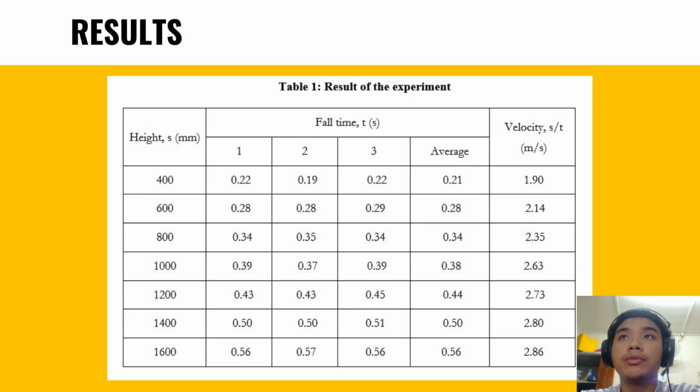So now I'm going to present the results of the experiment that we did. Firstly, we took a total of 7 different heights, which is the height from the ball to the ground. Next, for the fall time, we recorded the time 3 times so we can take the average, and from the average time, we can calculate the velocity by dividing the height by the average time.